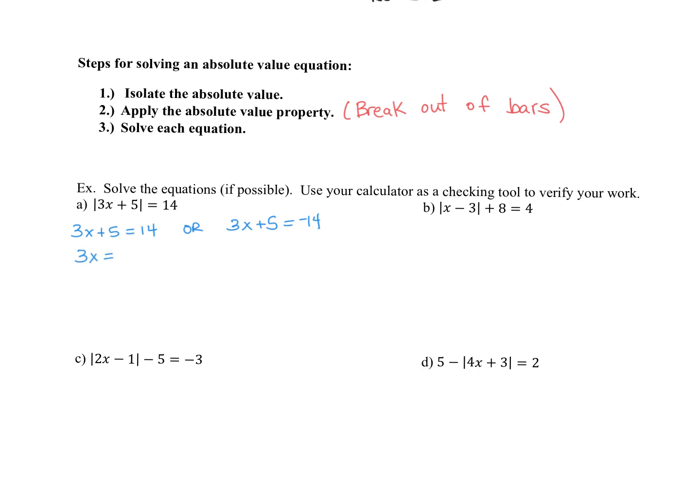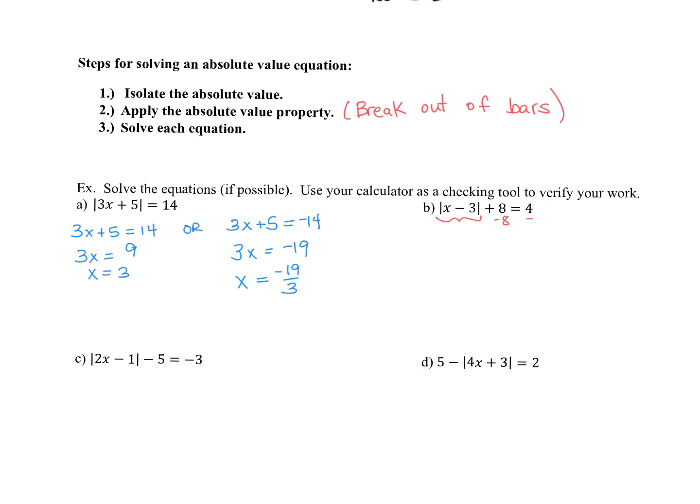This will give us 3x equals 9 or x equals 3. And this second one will give us 3x equals negative 19 or x is negative 19 thirds. In our next example, we have to first isolate this absolute value.